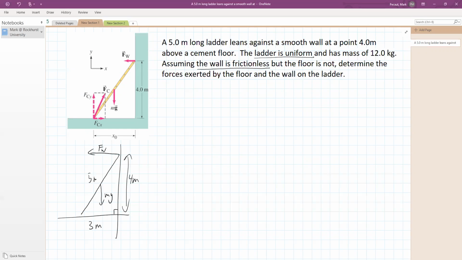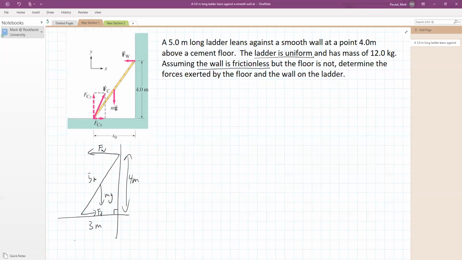The floor is not frictionless. So the floor is going to have a friction force that keeps the ladder from sliding down, right? Because this thing would naturally want to slide that way, and friction opposes the motion.